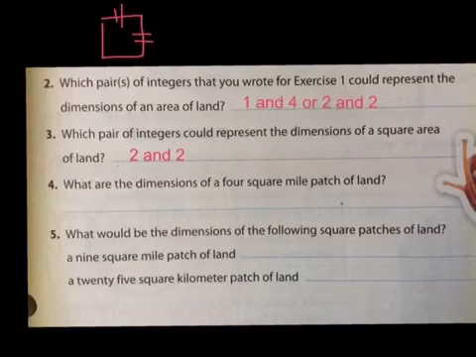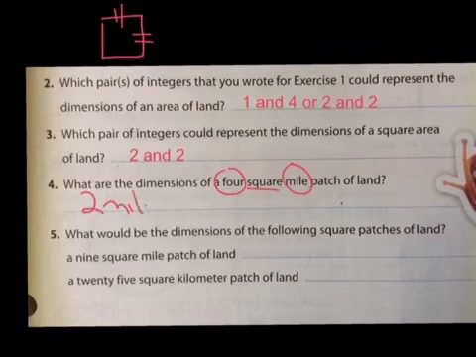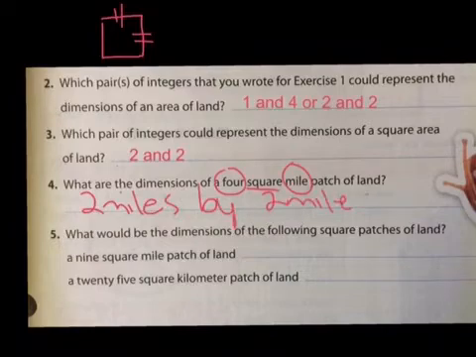What are the dimensions of a 4 square mile patch of land? Well, it's miles, and it's square, and it's 4 square. 2 miles by, or times, 2 miles. Does that make sense?